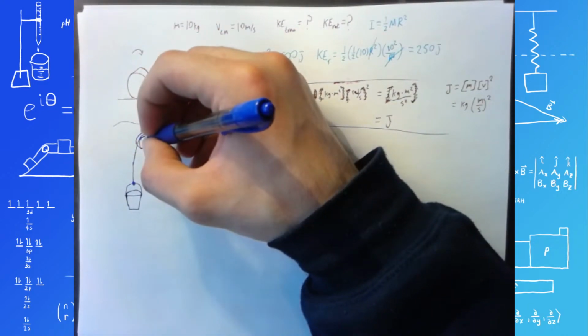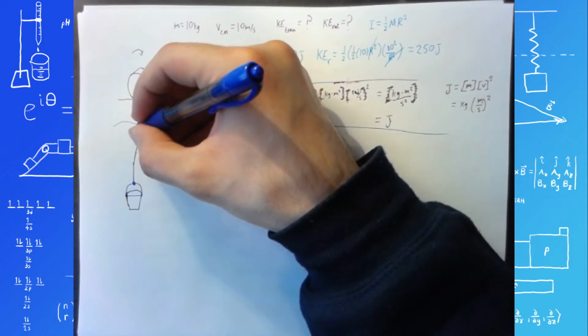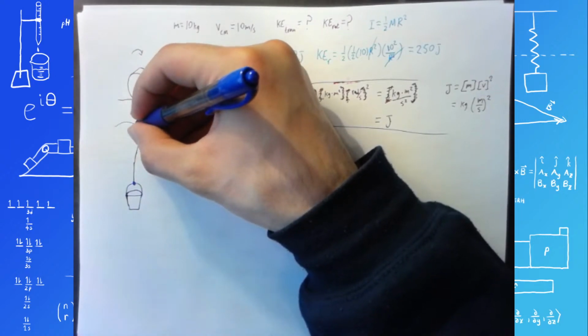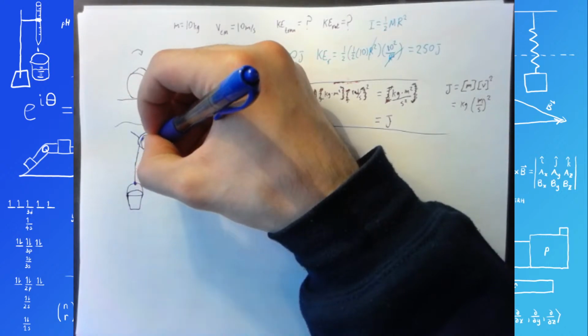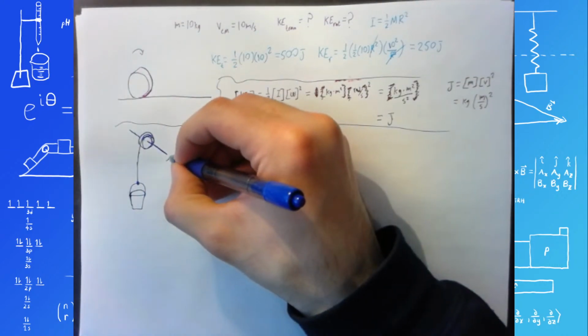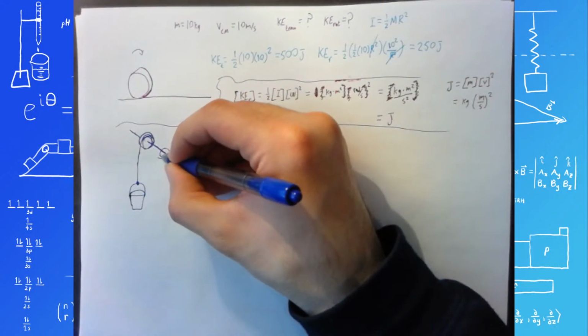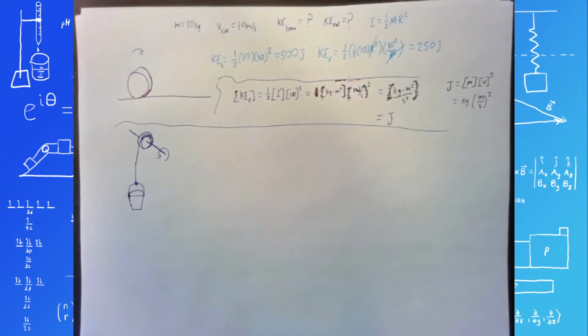I didn't draw it very well, but this thing has an axle running through it. And it's rotating this way, so the bucket is being lowered.